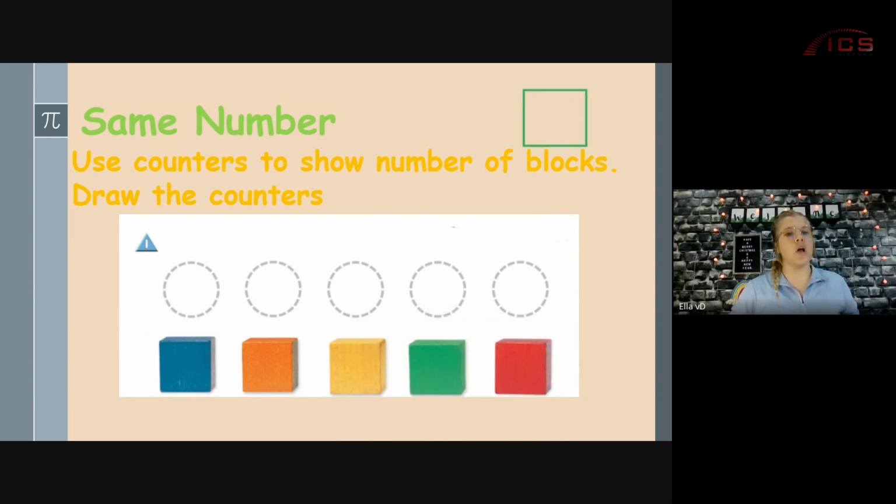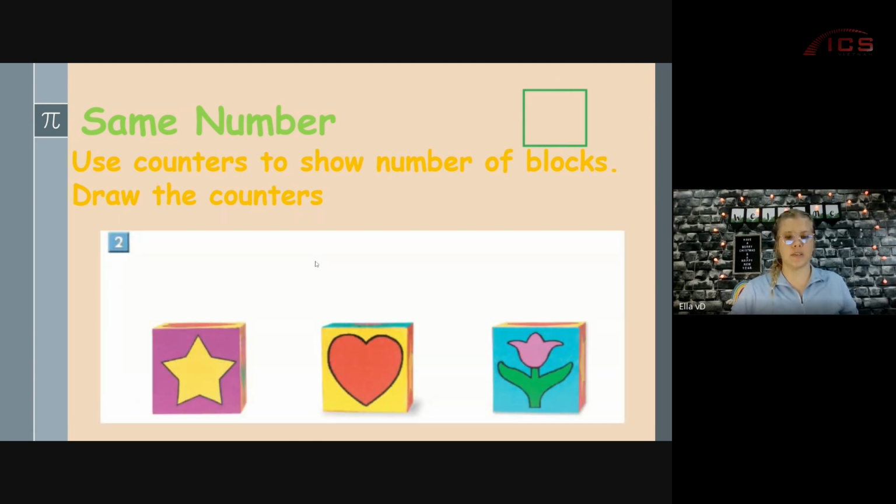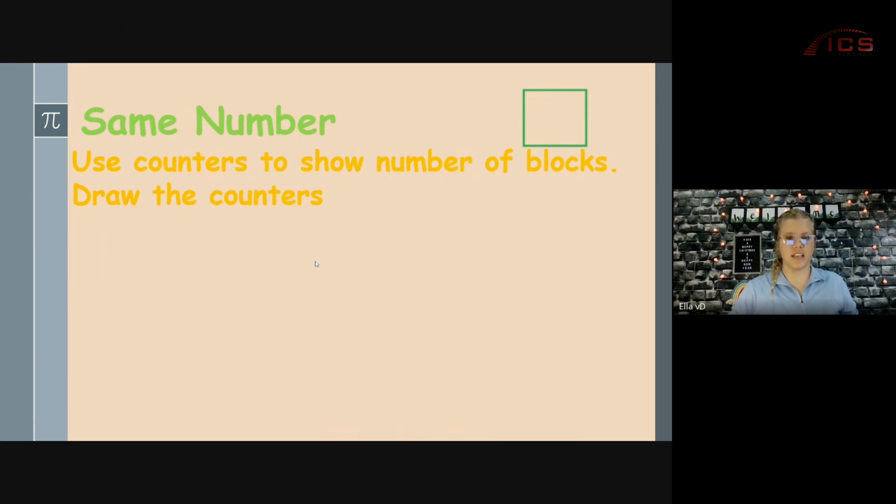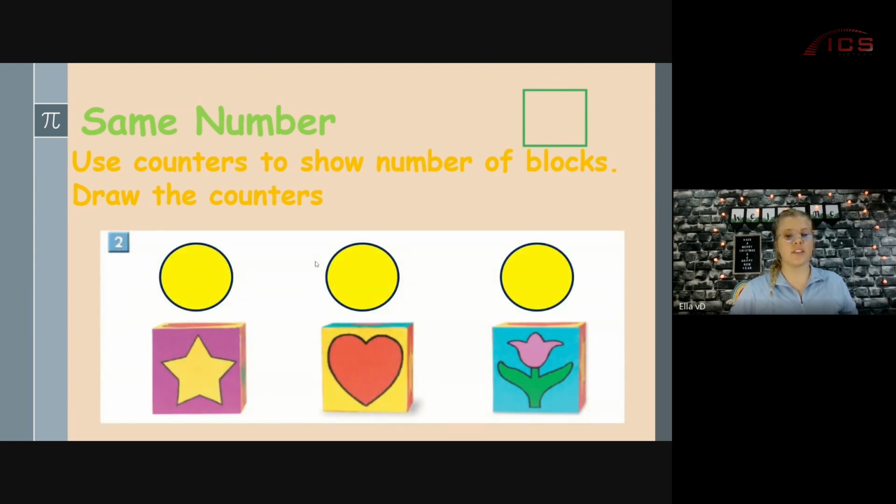So over here we see, use the counters to show the number of blocks. Draw the counters. How many can we see? Let's do an example. There's 1, 2, 3. Let's go back up here. There are 3 blocks.